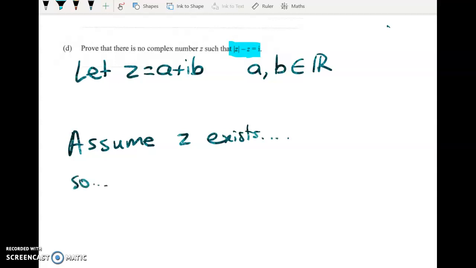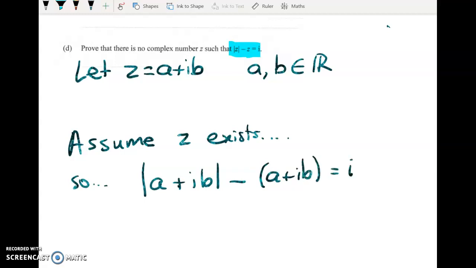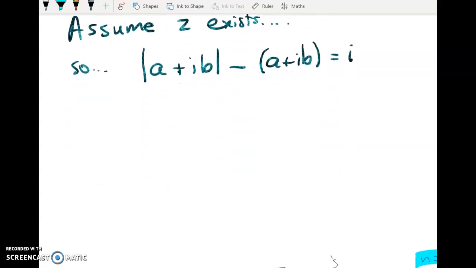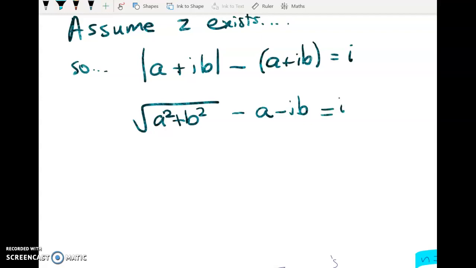So that means that we must have the modulus of a plus ib minus a plus ib is equal to i. We're going to work this through to its conclusion and show that it doesn't make any sense. So the modulus of that is the square root of a squared plus b squared minus a minus ib equals i.